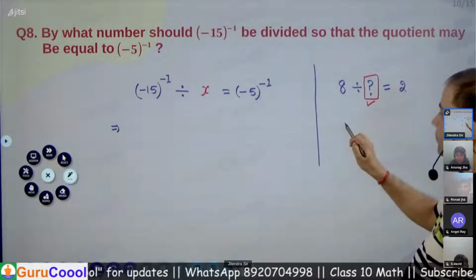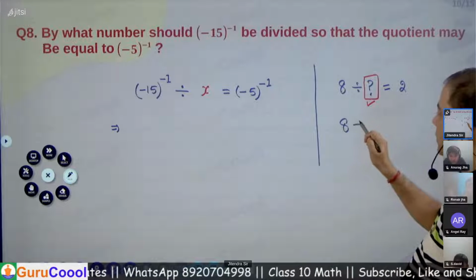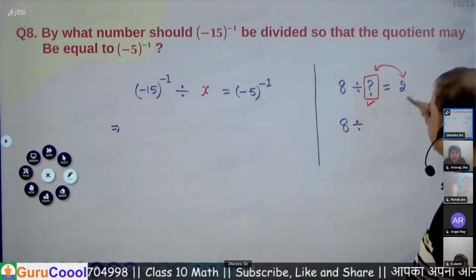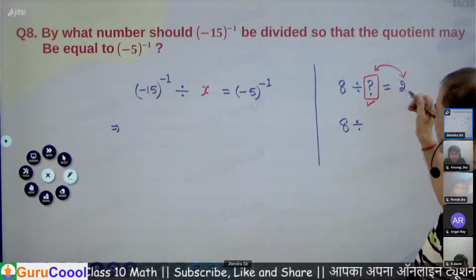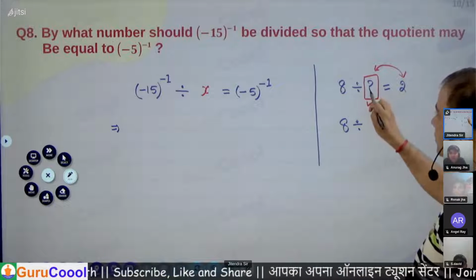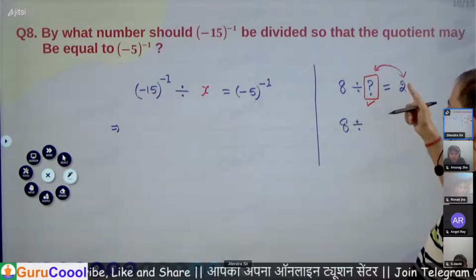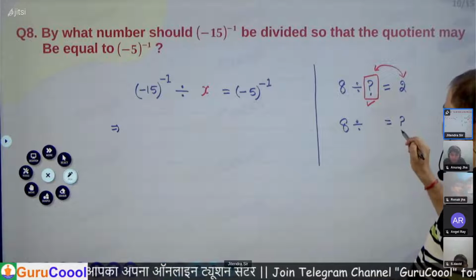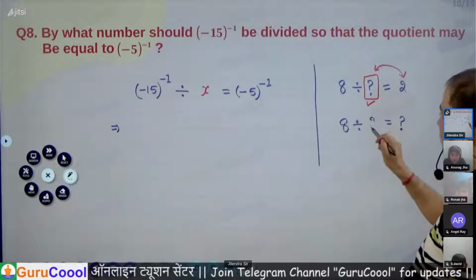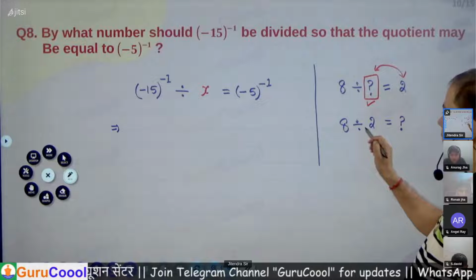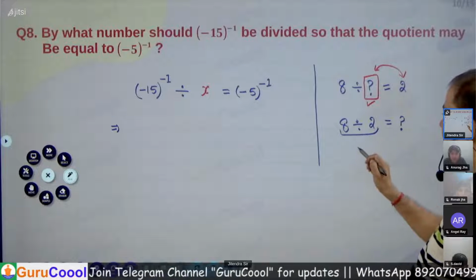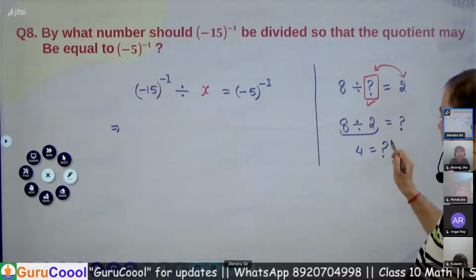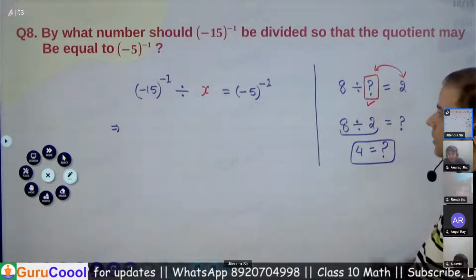So the simple process is that you will interchange these two. 2 will come in the question mark place and question mark will go to the other side. Question mark comes on the right side and 2 comes in place of question mark. And 8 divided by 2 is what? 4. So we'll get the value of that question mark. Did you understand the method?